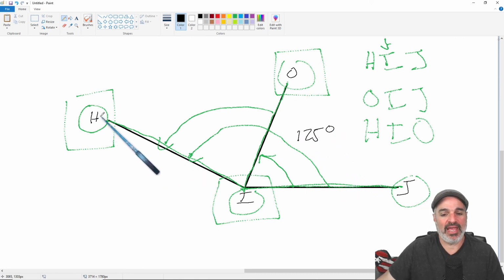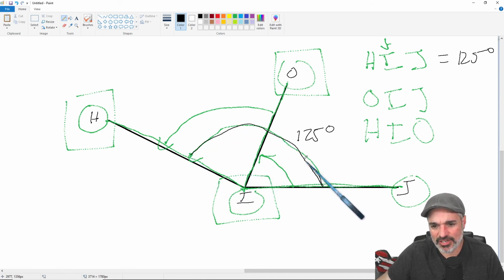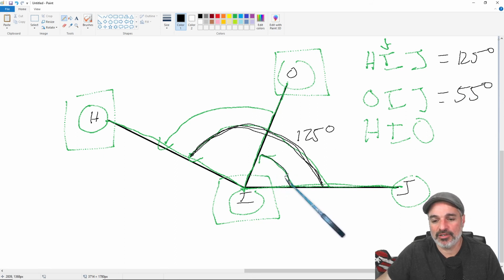So angle HIJ measures 125. Good. You know that all this here, it's 125. And I'm also going to tell you that the tiny acute angle that you see here, OIJ, it's going to measure 55. So this part here is 55.